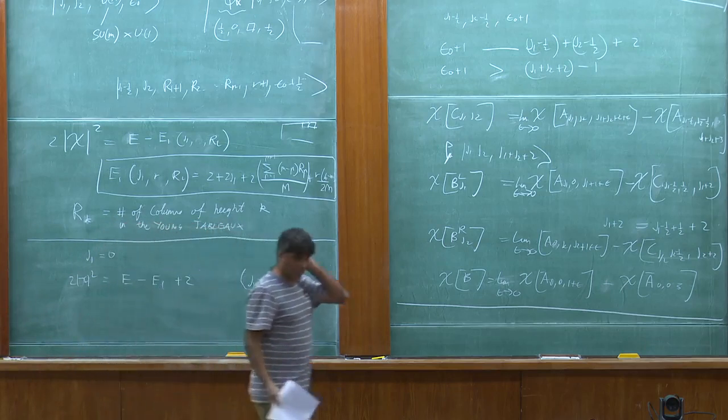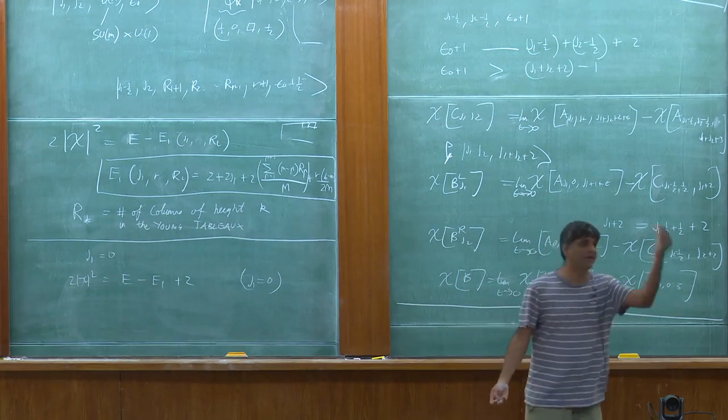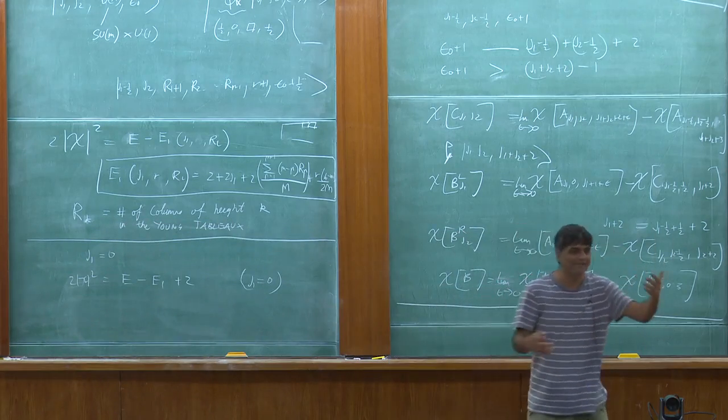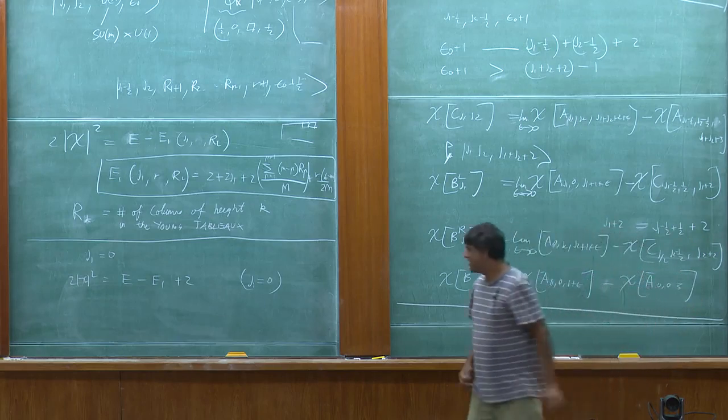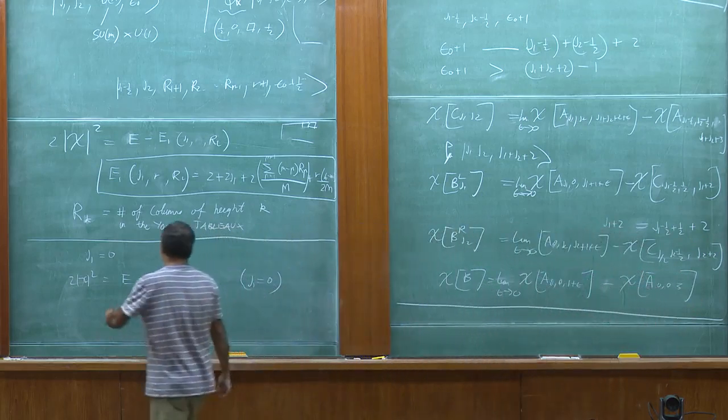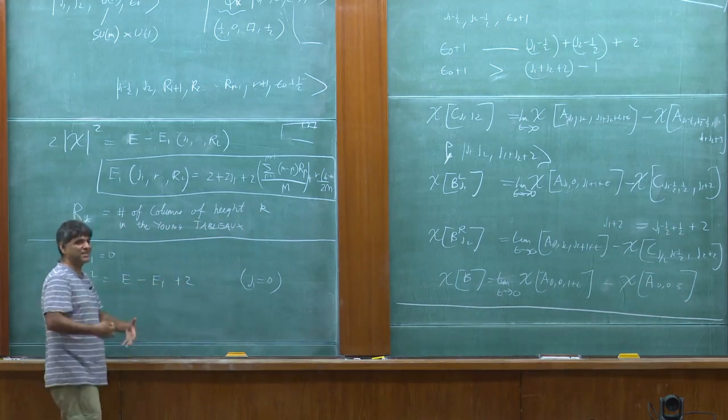And the reason, as before, is that instead of lowering J1 by half, you have to raise J1 by half. That gives you a higher thing, a less stringent thing.